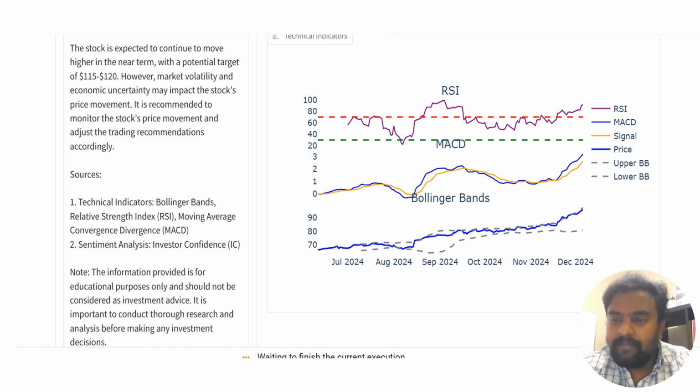As I told you, KIS checked how well external data was included, and in general language it explains that the stock is expected to continue to move higher in the near term with a potential target of 115 to 120. It was explained very clearly so that it is accessible to everyone, so they can move forward. They can get a very clear idea with all the patterns, like the seasonality, the previous prices, and how volatile it was.